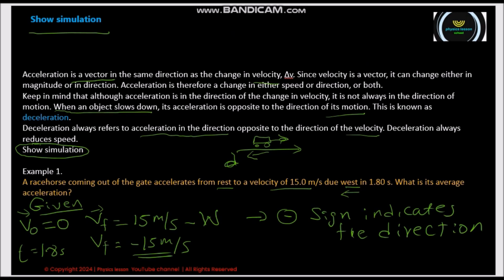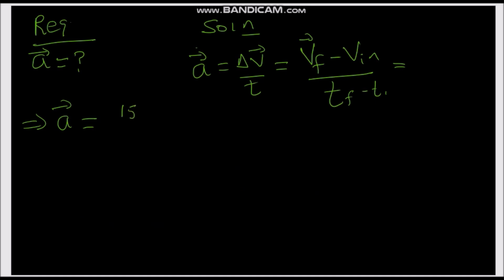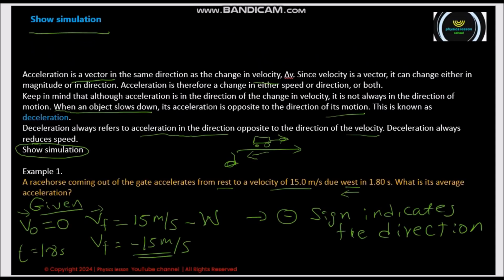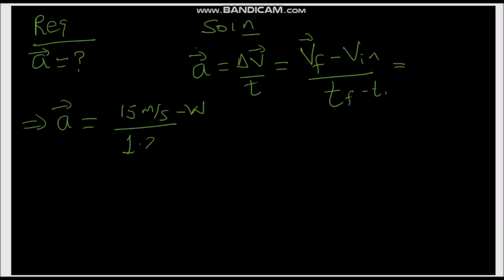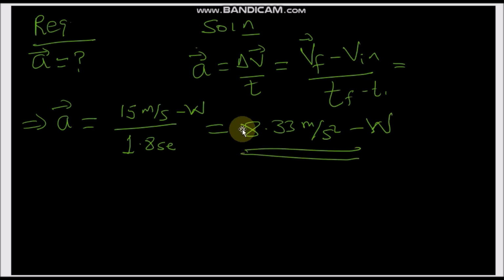We have to write like 15 meter per second due west, and the time is 1.8 second, which is equal to 8.33 meter per second square towards west. That is the solution for this example.